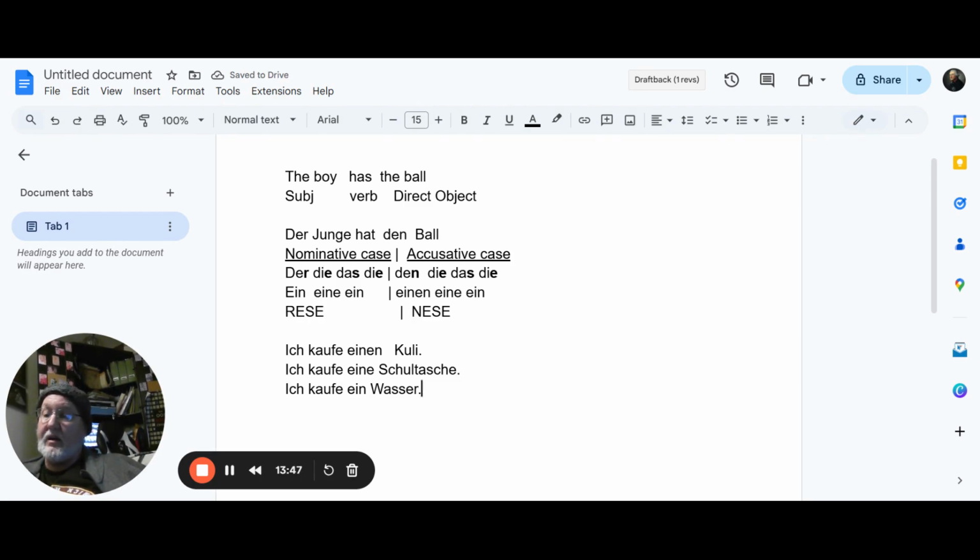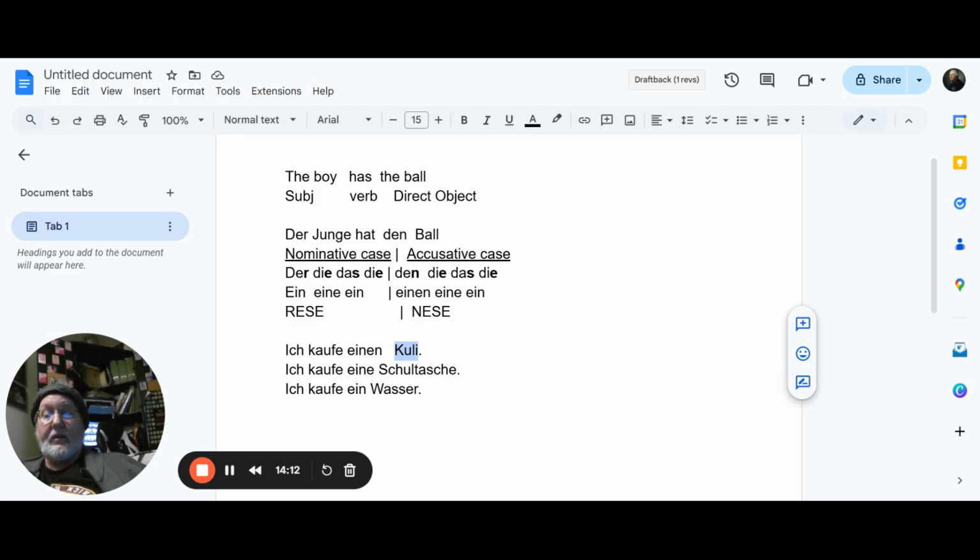I buy a pen, masculine noun. I buy a school bag, eine Schultasche. Okay, this is a feminine word. So you use eine because it's feminine right here. And then ein Wasser. Wasser is das Wasser. So you're going to use the neuter.